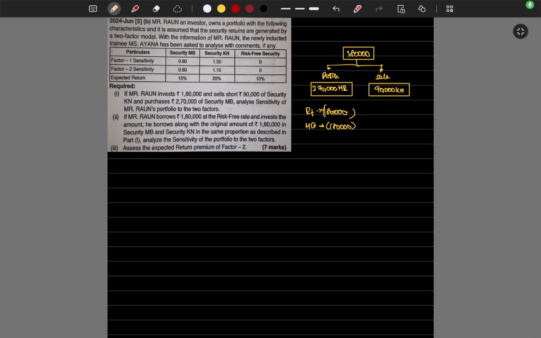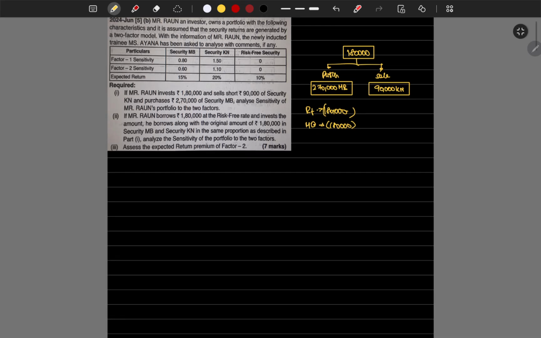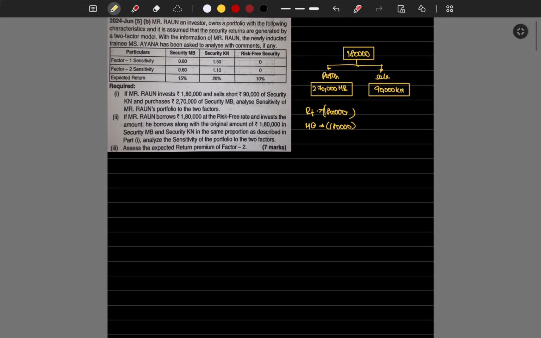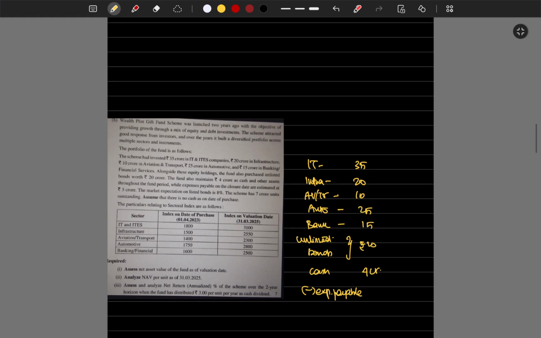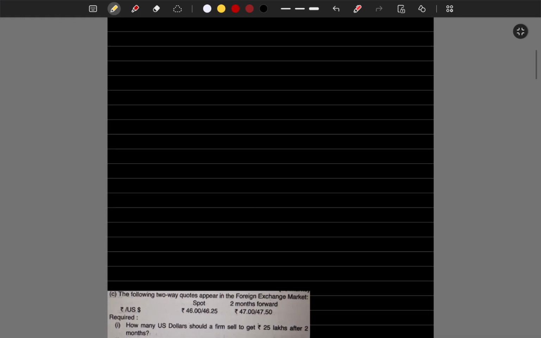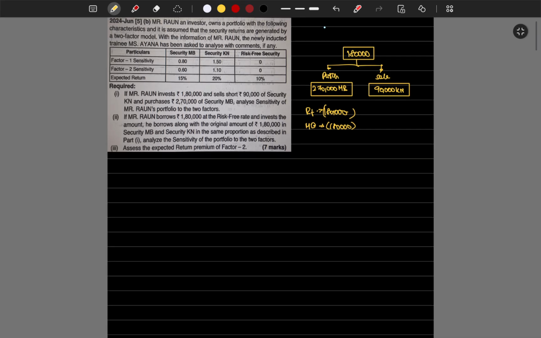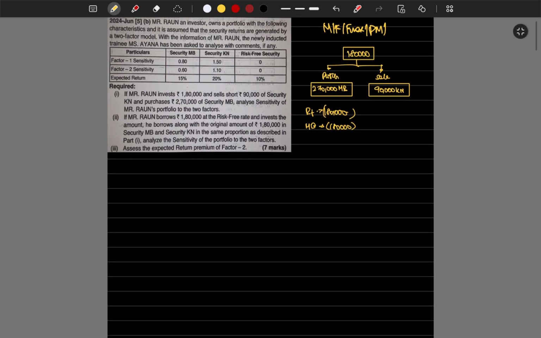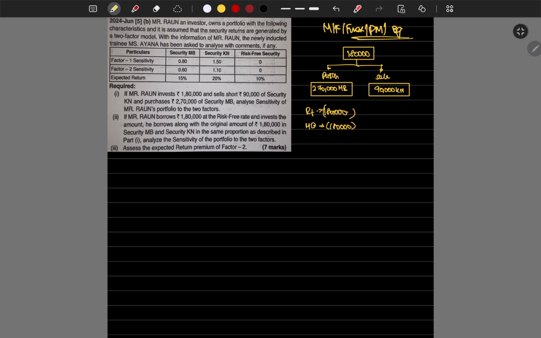Welcome back. Today we are going to solve four problems from the SFM paper concept, which covers forex, equity valuation, portfolio management, and mutual funds.